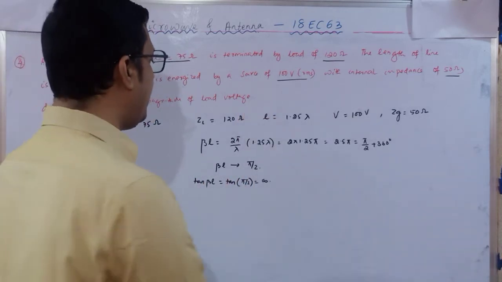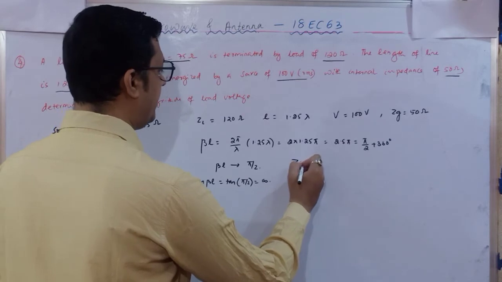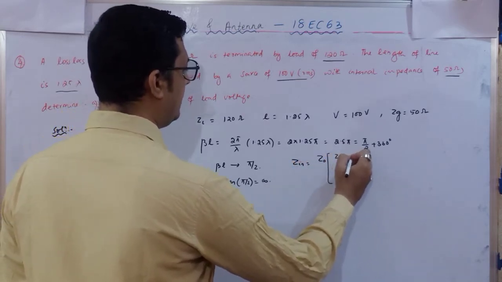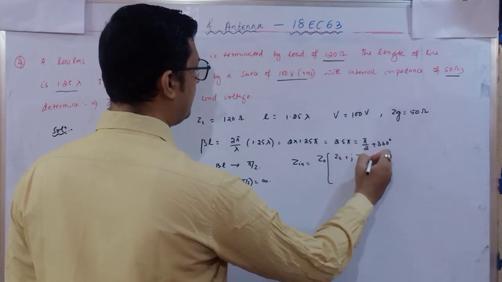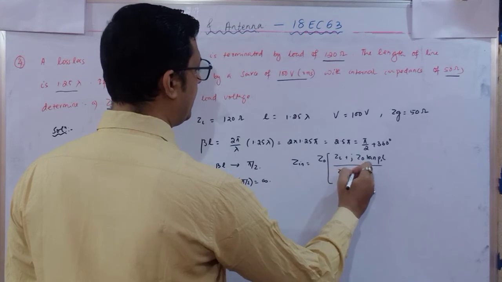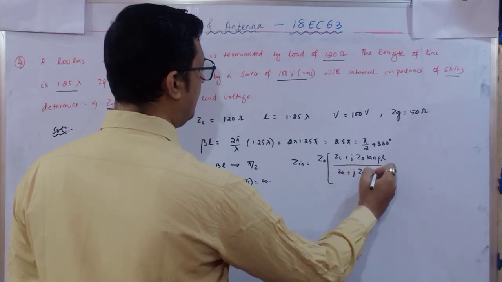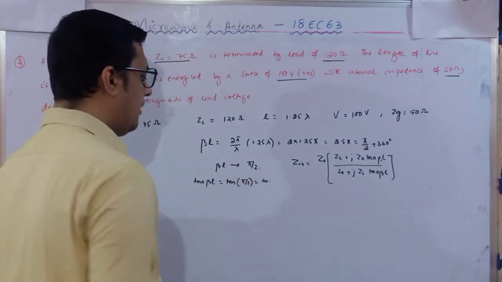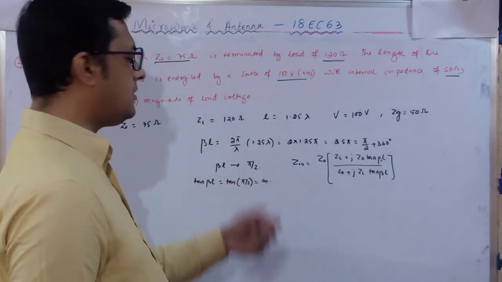So tan beta L is infinite, and we have a relation for the lossless line: Zin equals Z0 times (ZL plus j Z0 tan beta L) divided by (Z0 plus j ZL tan beta L). In place of this tan beta L, you have to substitute infinite.